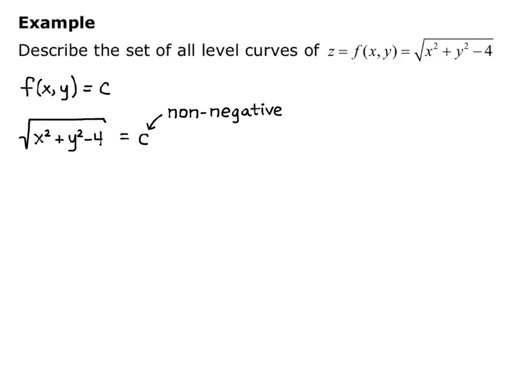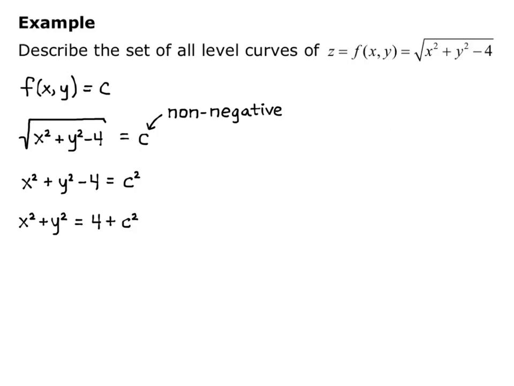Now to get rid of the square root, let's square both sides. This would give us x squared plus y squared minus 4 equals c squared. Add 4 to both sides, and we get x squared plus y squared equals 4 plus c squared.